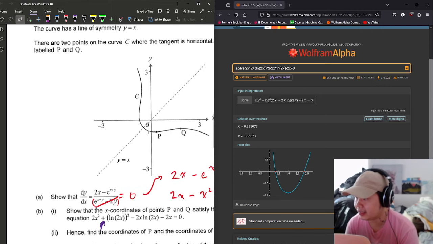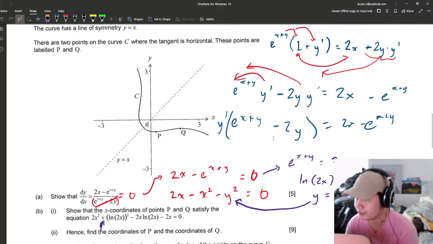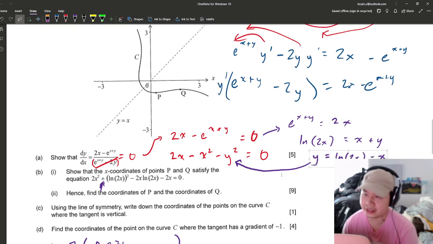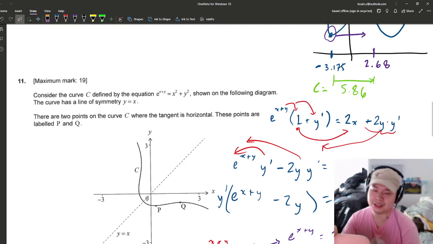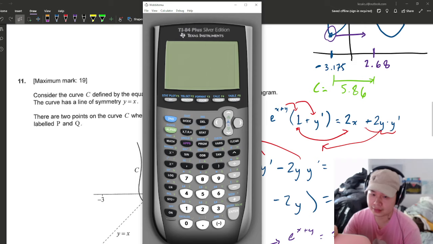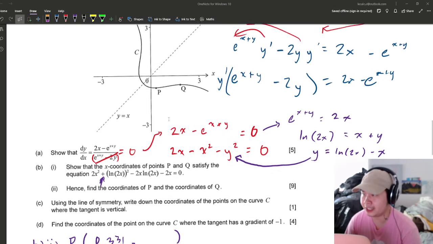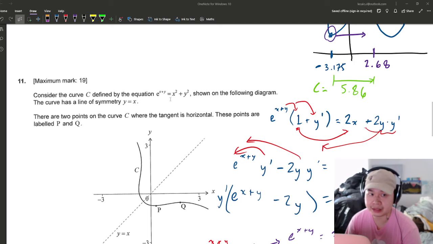Okay, and then we need to find their y values. Now, you can't always do this though. The way that x and y are related is actually through this function.